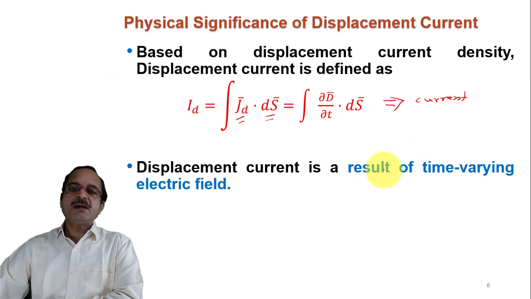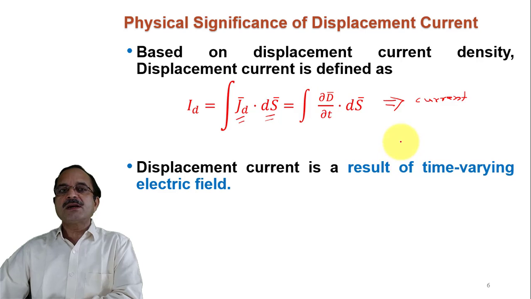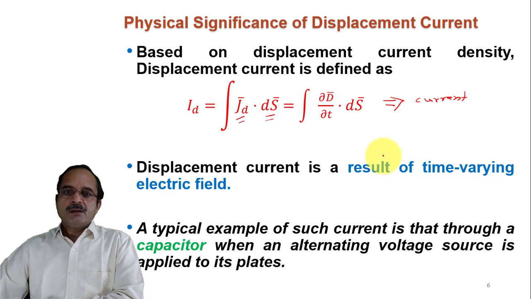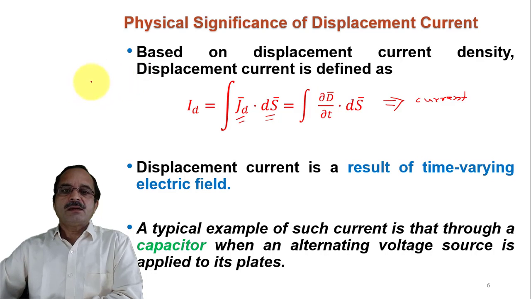The displacement current is the result of time varying fields. In case of static fields, displacement current or displacement current density will be 0. A typical example where this displacement current flows is the charging current through the capacitor when an AC voltage is applied across the capacitor.